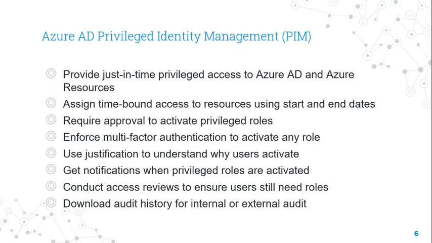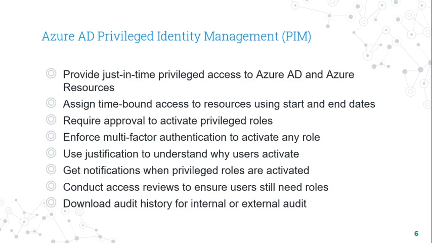Using a justification to understand why a user activated a role benefits both internal and external auditors in understanding why the role was activated. You can also require a service ticket number from whatever service product you are using.